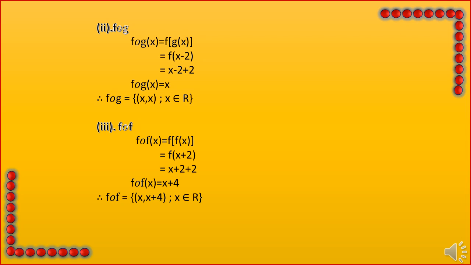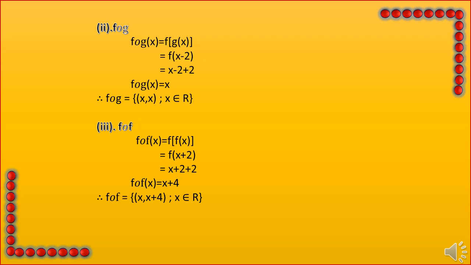The third option is f composition f. f composition f of x is equal to f of f of x, is equal to f of x plus 2. It means f of x is equal to x plus 2, because f of x is equal to x plus 2.